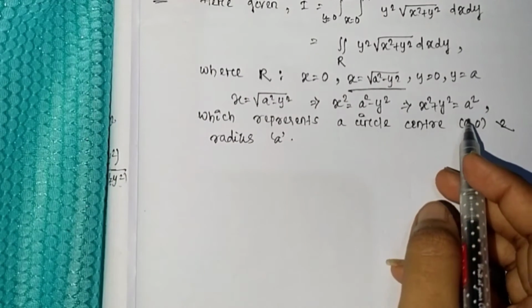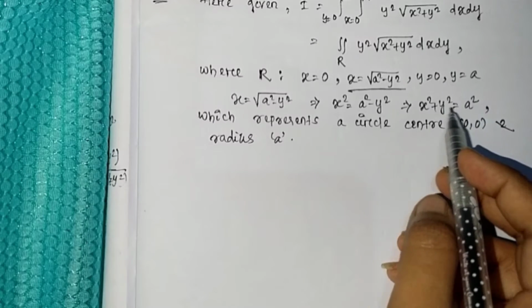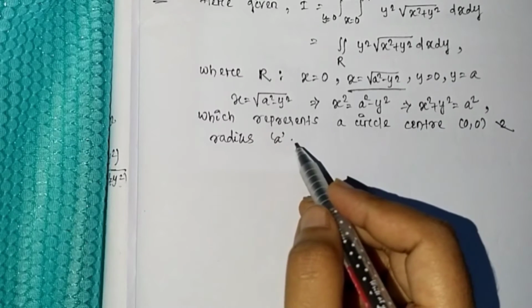That is, x minus 0 whole square plus y minus 0 whole square equal to a square. So center is 0 0 and radius is a.